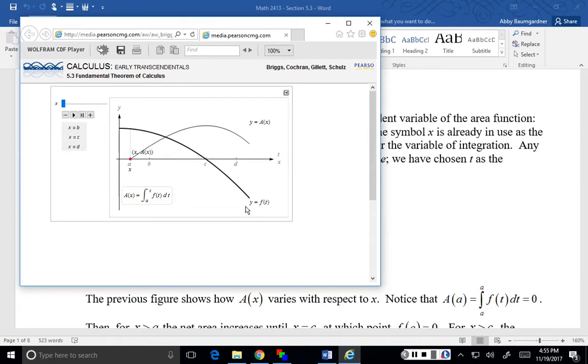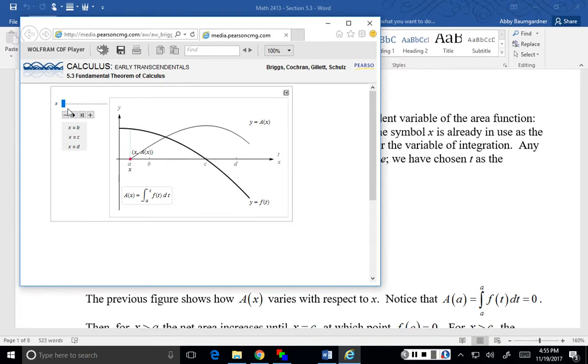As we shade under the function, we're shading the area between the curve and the x-axis. We're going to start adding those shaded areas up, and it would return a value for us. And we should see that as these values accumulate, it will have an impact on our area function.